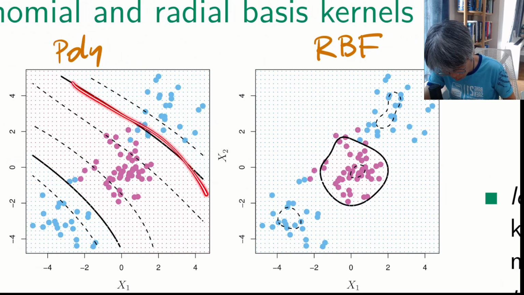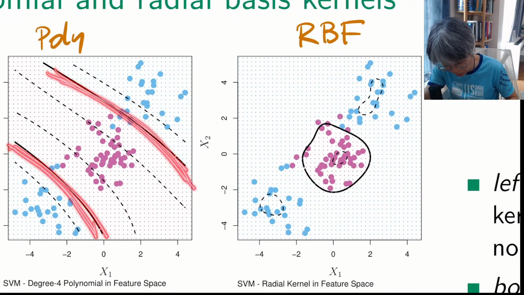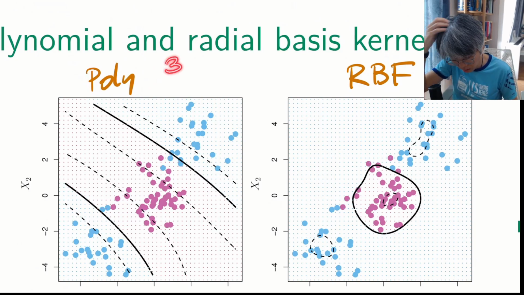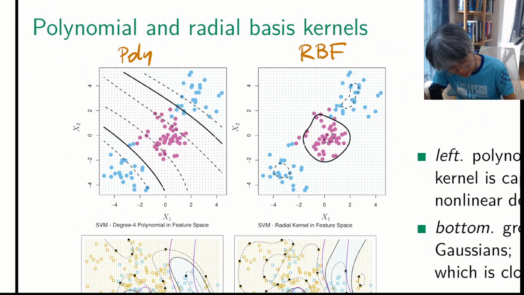So you have two decision lines here, because I believe in the book it's maybe cubic or quadratic, so I'm not sure. The dashed line is supposed to be the margin.